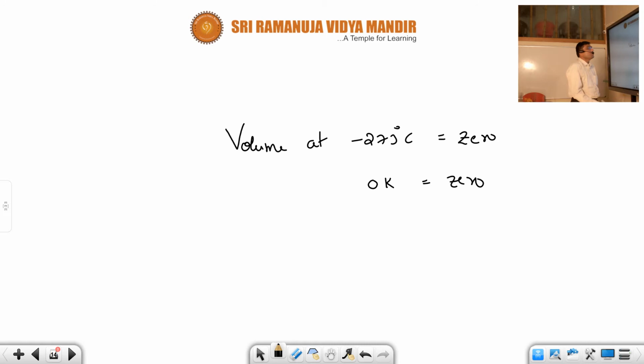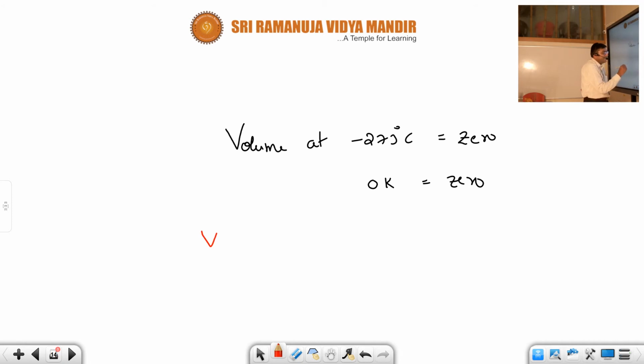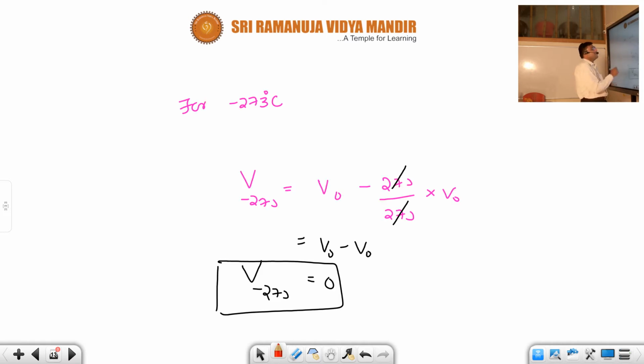Let us see. Now students, have a look. Now I am writing here the general formula. Vt, that means at a certain temperature. For 1 degree you have taken V1, for 10 degrees V10, for minus 273 you have taken V minus 273.